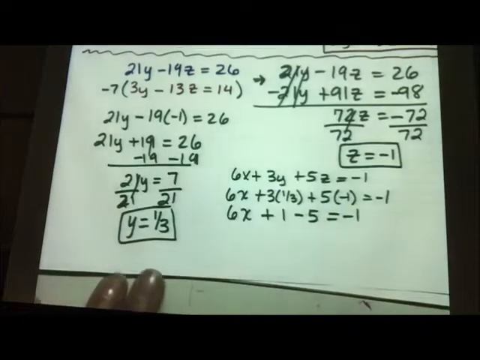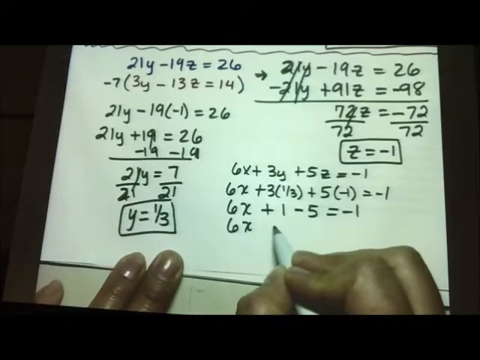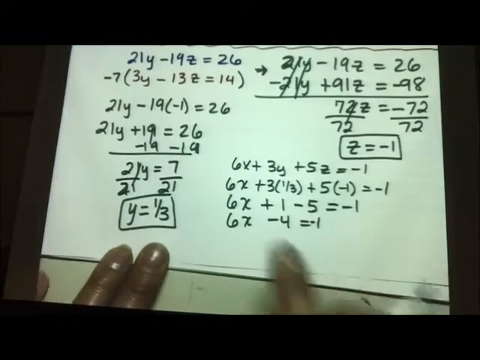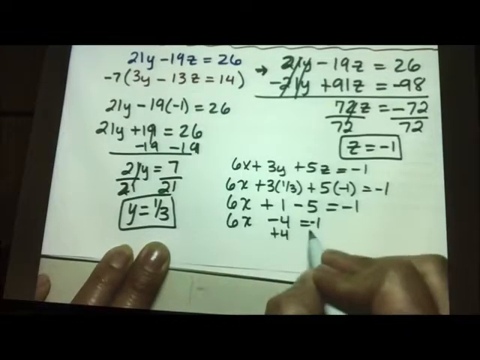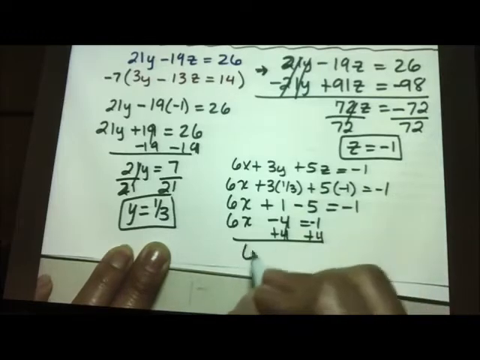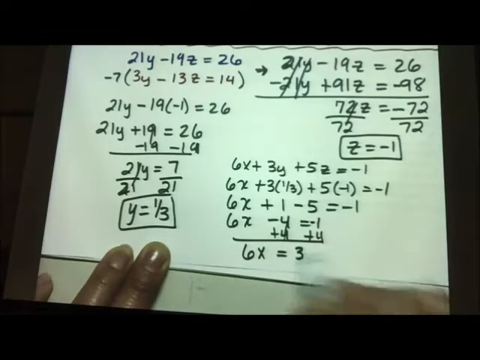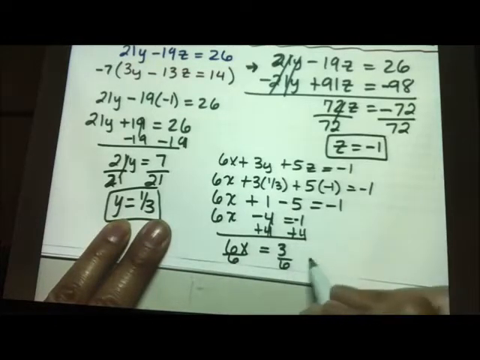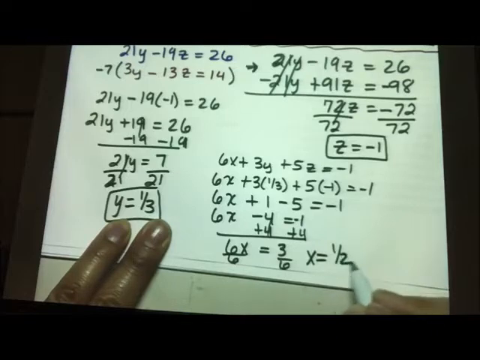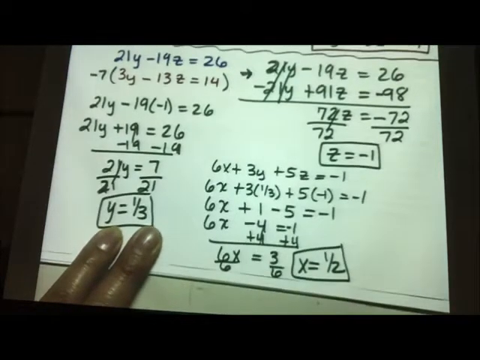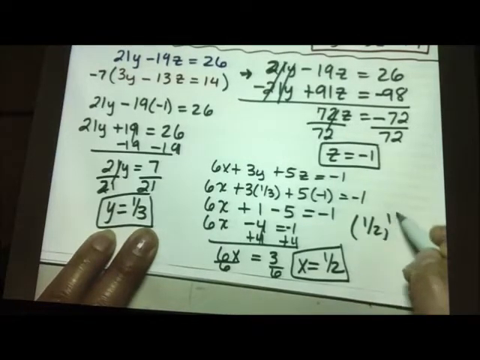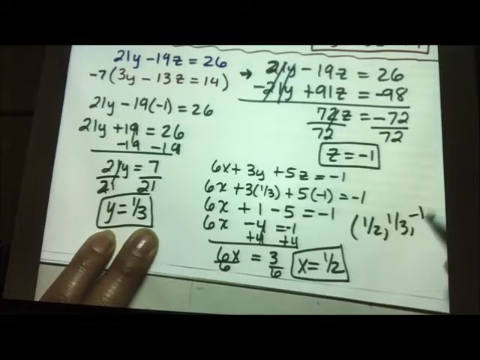So 6x minus 4 equals a negative 1. We add 4 on both sides, and I get 6x equals 3. I have to divide both sides by 6, and I get that x equals 1/2. So my ordered triple here would be 1/2, 1/3, and a negative 1.